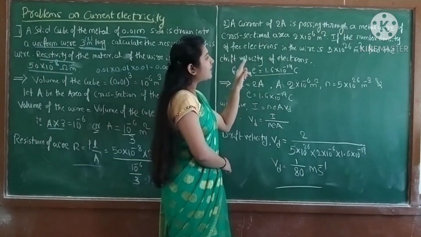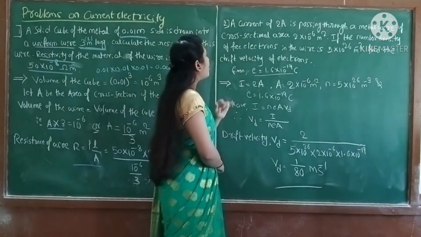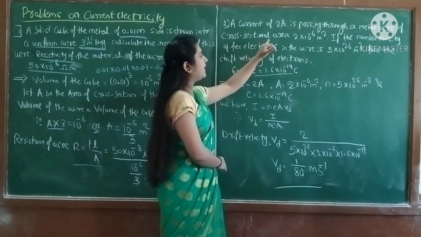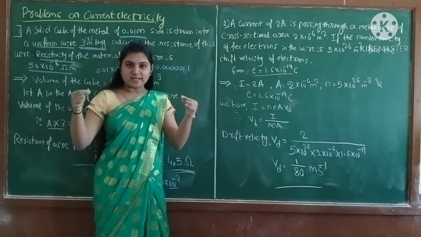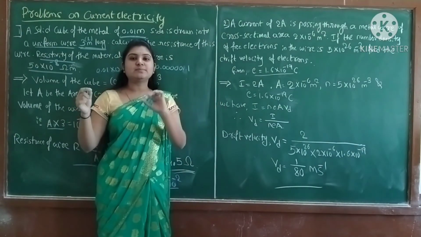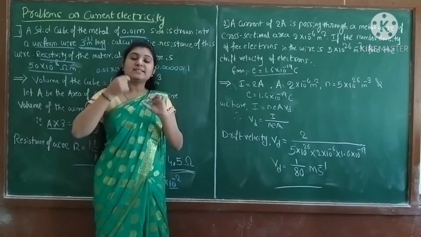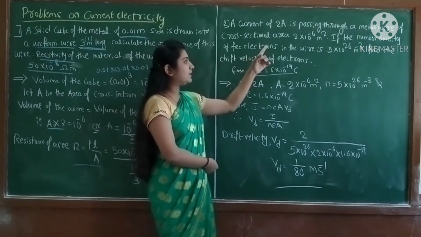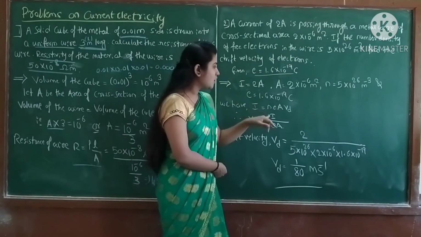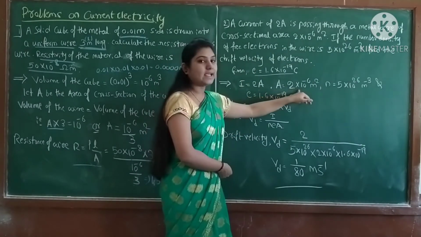Then is passing through a metal wire of the cross sectional area. So now they given area. So one wire is there, through that current is passing and that is having the area of how much? 2 into 10 to the power minus 6 meter square. So put the value of the area here.